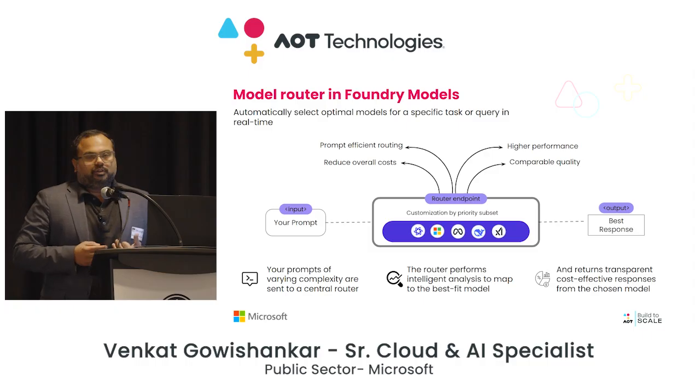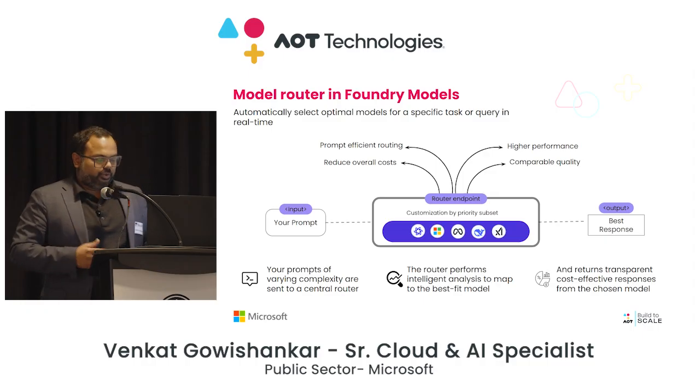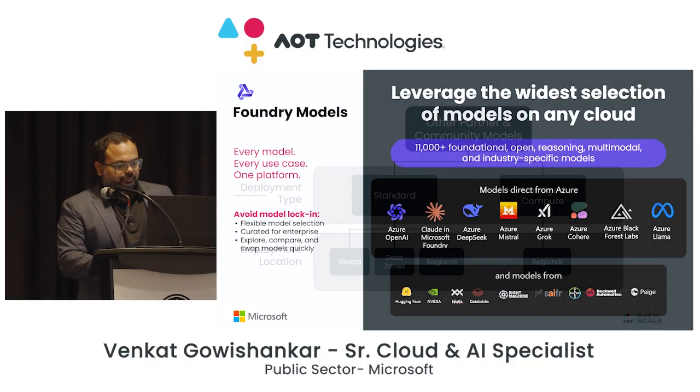So model router looks at the prompt, looks at the task that you're trying to accomplish, and then intelligently routes to the model that it feels would be the best in terms of performance, cost, all of that. So these are all things that are baked into the platform. Behind the scenes, you would no longer say GPT 4.0, you will say model router, and then let the model router figure out which model is the best to give the response to you.